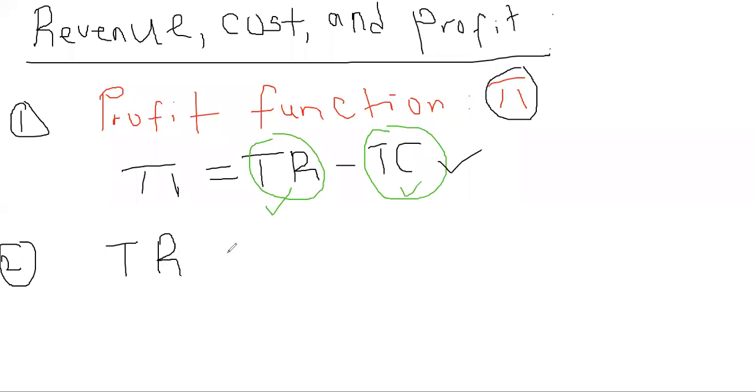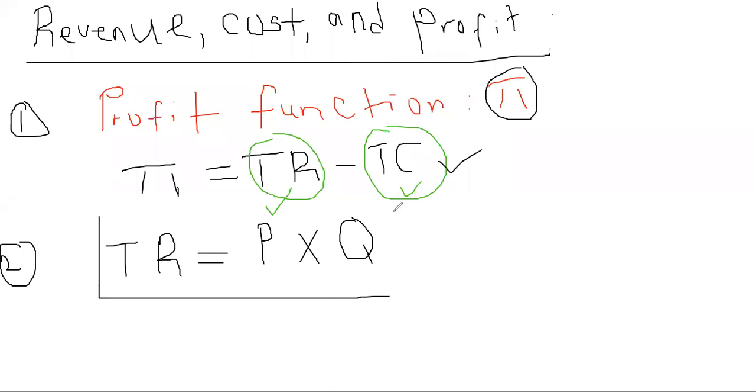The formula is the price of the goods and services the seller is selling multiplied by the quantity sold. So this is our typical total revenue function.